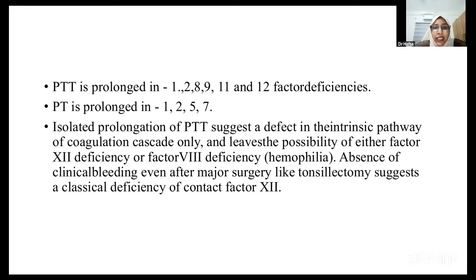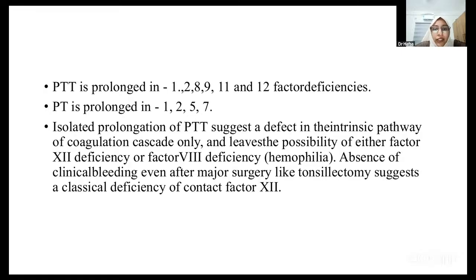For that, I am saying that the bleeding time, the clotting time, the prothrombin time, the APTT, all these findings you should be very sure of in your theory. Isolated PTT prolongation suggests a defect in the intrinsic pathway. The extrinsic and intrinsic pathways are very important, and this leaves the possibility of either factor 12 deficiency or factor 8 deficiency.